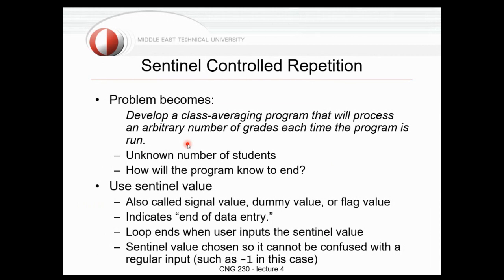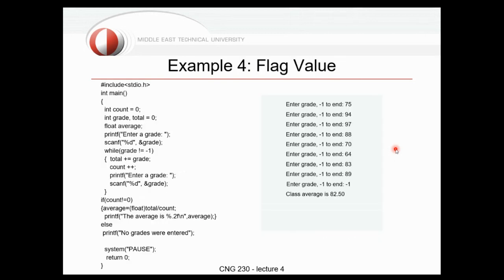This is again while loop, but we need another way to compensate this problem, because now I don't know if we have 10 number of students, 100 number of students, or any other information that I need to enter in my database or not. So we define a thing named Sentinel value. We can call it signal value, dummy value, or flag value as well.